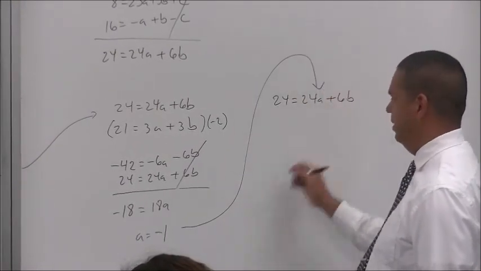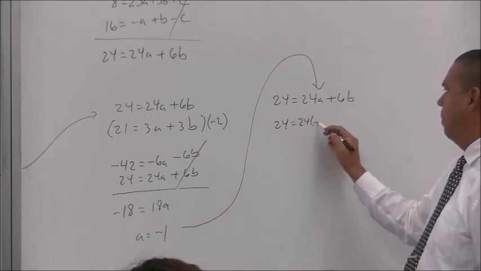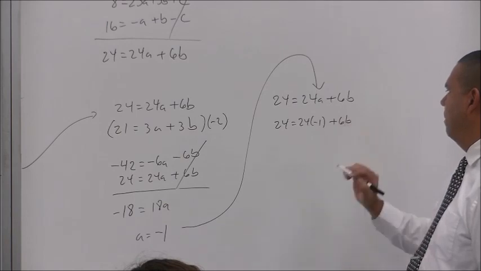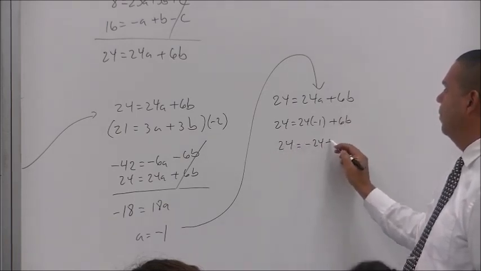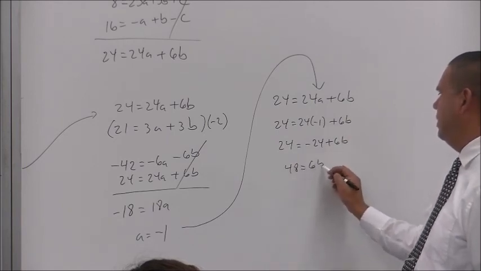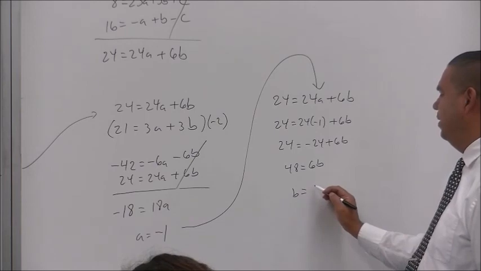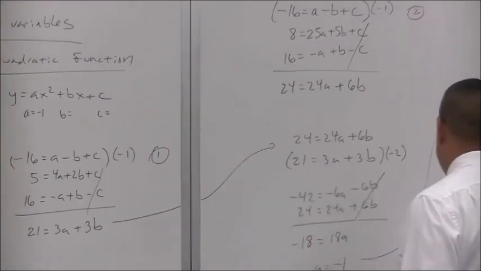Put the negative 1 into there. So we get 48 is 6b. So b is 8. We found A, we found B.